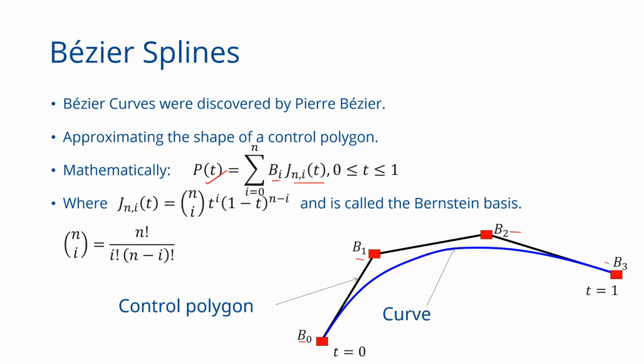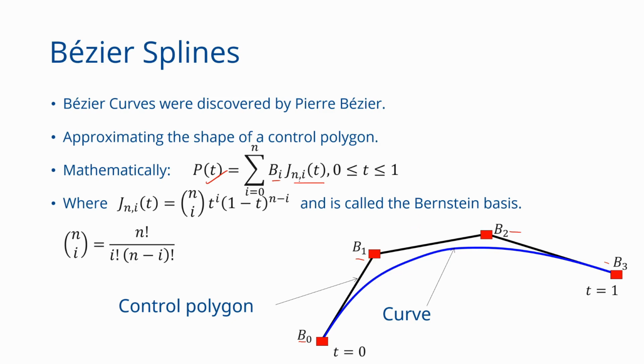The Bezier curve will not pass through all these points. It will only pass through the first point and the last point of the control polygon. It is guaranteed to pass through the first and the last point, but it will usually not pass through any of the intermediate points.